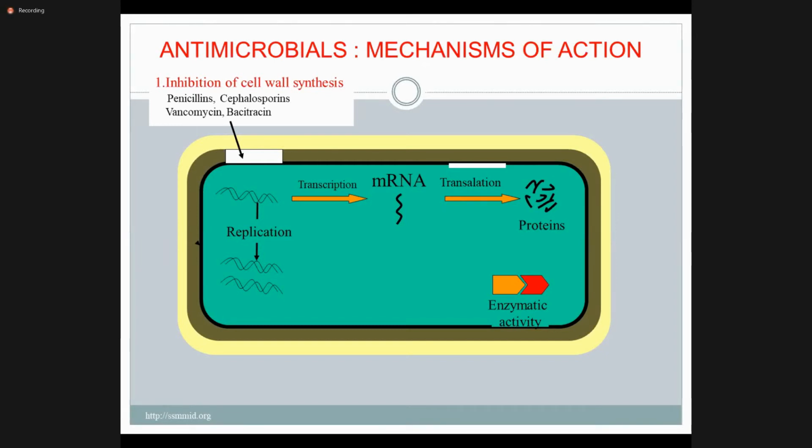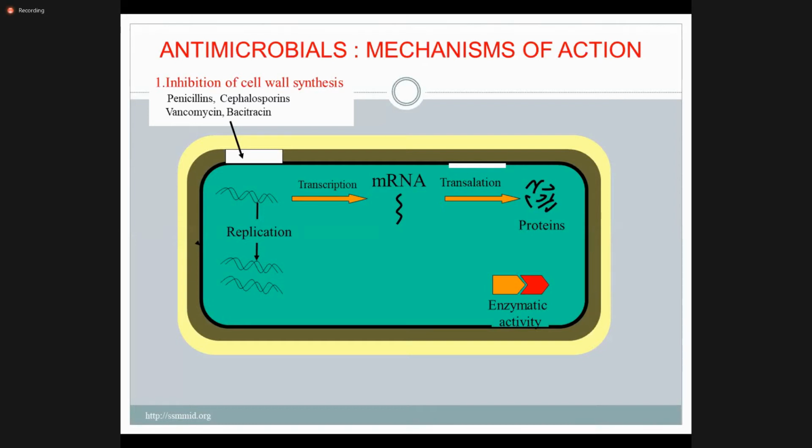So number one, there are different groups of antibiotics available that inhibit cell wall synthesis. Why does the cell wall have importance in the structure? Because it is responsible for maintaining the cellular structure of that bacteria. If we inhibit this cell wall, the cell becomes fragile and it can be ruptured easily.